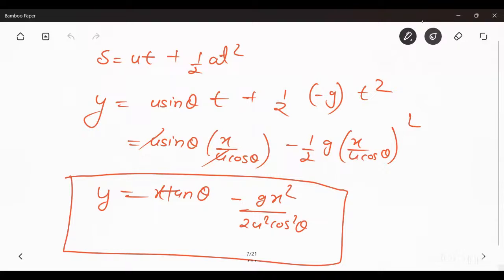So y is equal to u sine theta t plus half minus g t square. So you will get y is equal to x tan theta minus g x square by 2 u square cos square theta. So this is the equation of a parabola. Hence proved, the trajectory of a projectile is always a parabola.